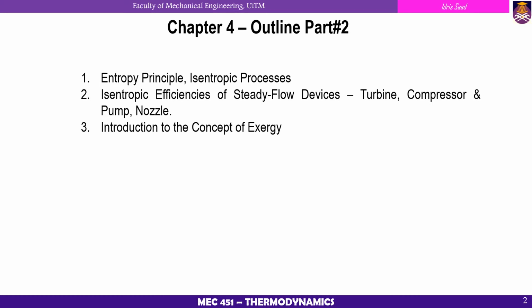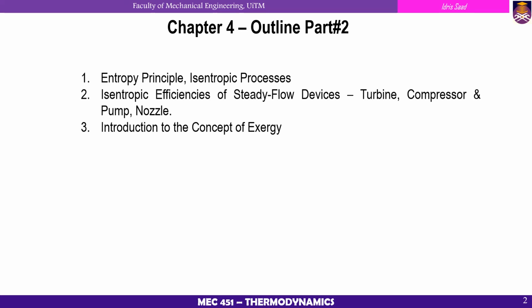Furthermore, we have discovered the reversible and irreversible thermodynamic processes, which lead to the ideal system that we call the Carnot cycle. Based on that, we have learned about the Carnot heat engine as well as the refrigerator and heat pump system.